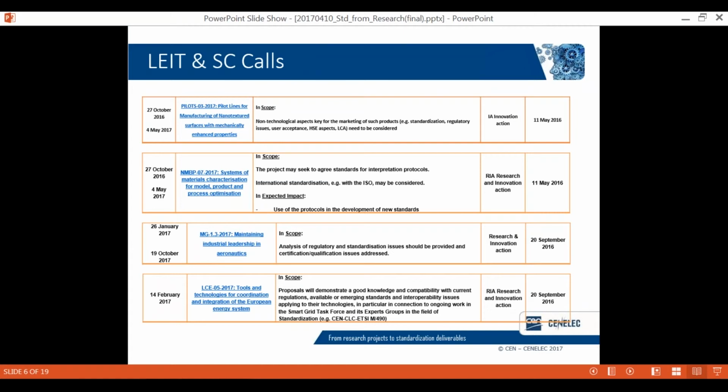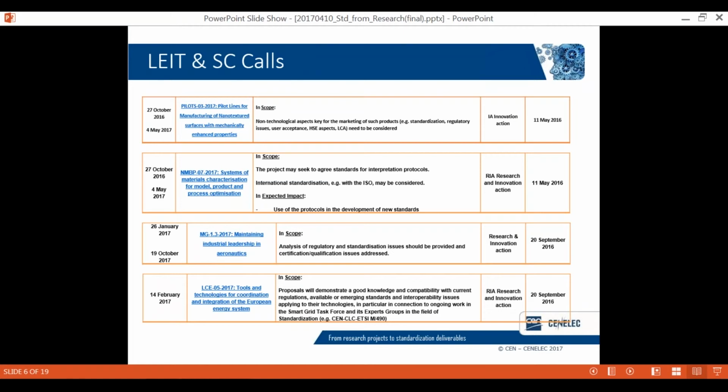As you can see, in manufacturing of nanotextured surfaces, the reference made in the call is really that non-technological aspects key for the marketing of such products should be considered, for example, standardization. So that is quite vague. For someone on the researcher side not familiar with standardization, this could be interpreted in many different ways.